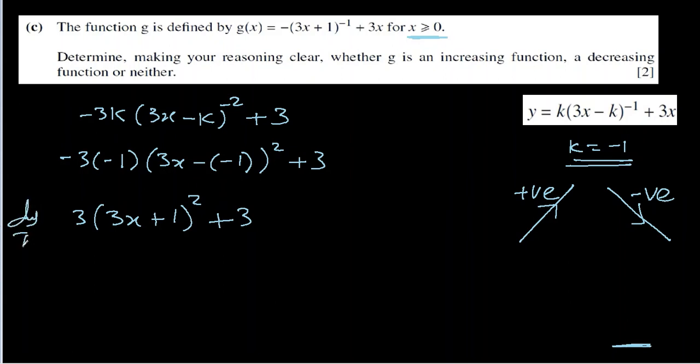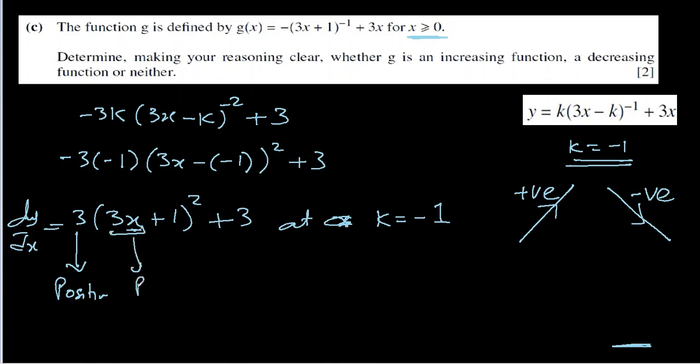This is dy over dx at k equal to negative 1, correct? Now, we can see here 3 is a positive, x is positive, they have given already. So that means 3x will be a positive, plus 1 is positive, a square will make this whole bracket positive, and 3 is already positive.